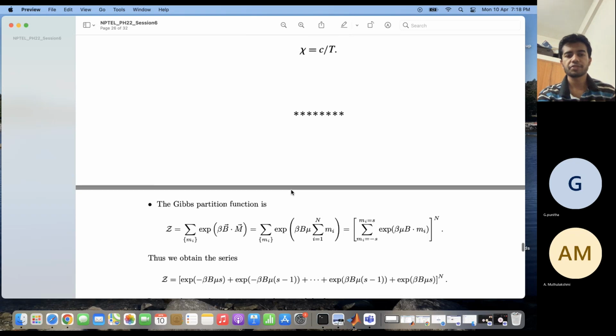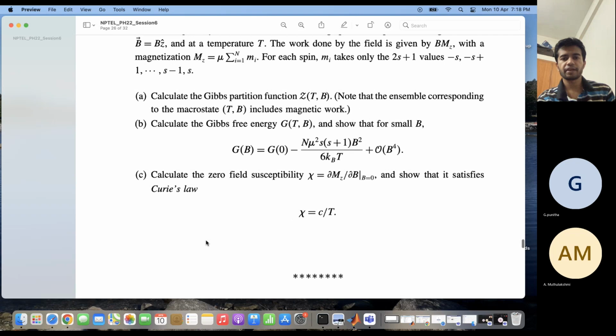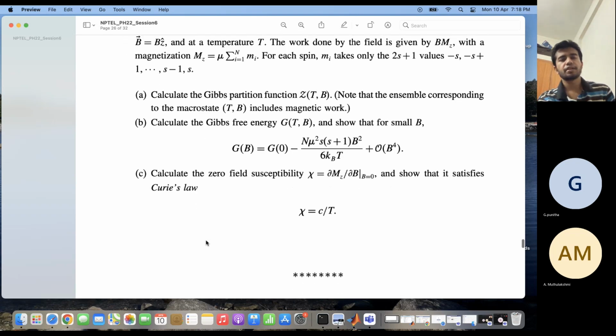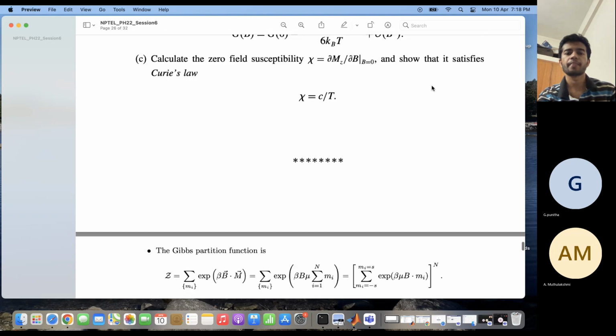So what is the partition function over here? Partition function is basically the sum of exponential of minus beta H. And what is H? H is basically given by minus B dot M, which is the magnetic energy because of the field. The work done by the field is given by B Mz. Therefore, the Hamiltonian is equal to minus B Mz.